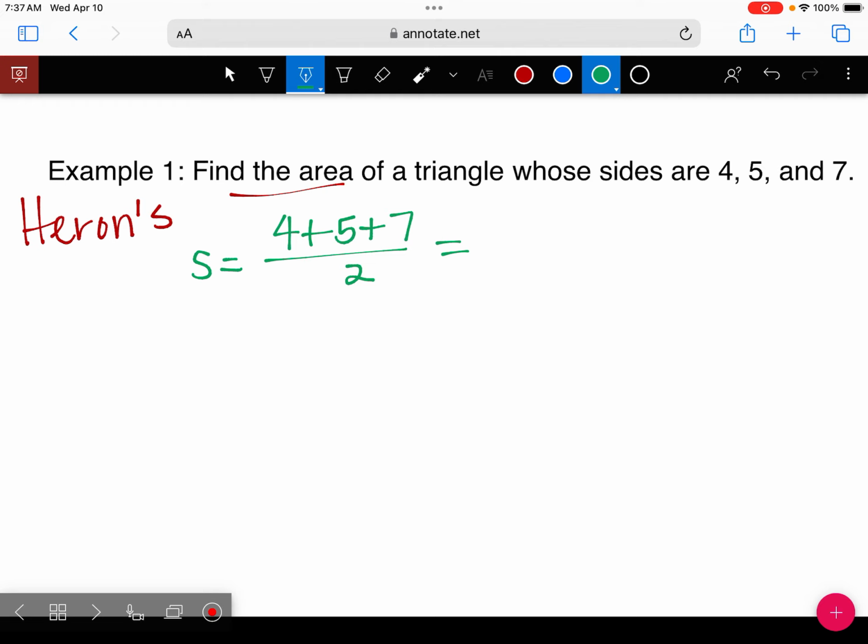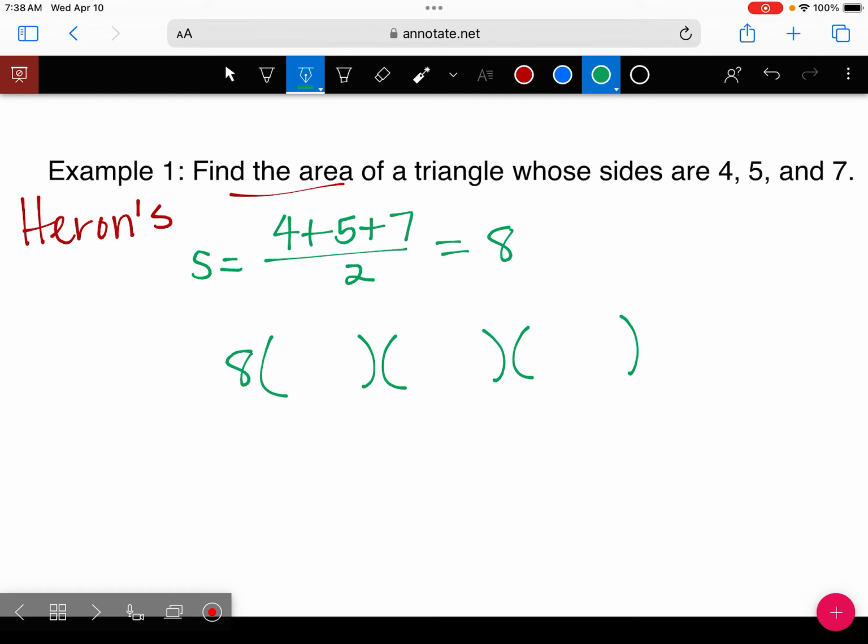If you're not using the yellow calculator, you have to hit enter. You can't just put 4 plus 5 plus 7 divided by 2, you can't just type it in like this. I don't want anybody to mess up, because the first step is finding the semi-perimeter. If you mess up that step, you've already missed the entire question. What did you get for the semi-perimeter? 8. All right, so 8 is my semi-perimeter. So we're going to take that 8, and then I'm going to make my 3 parentheses.